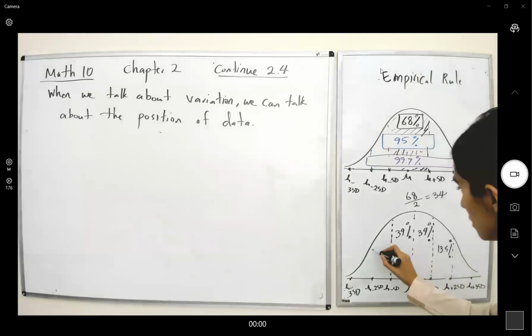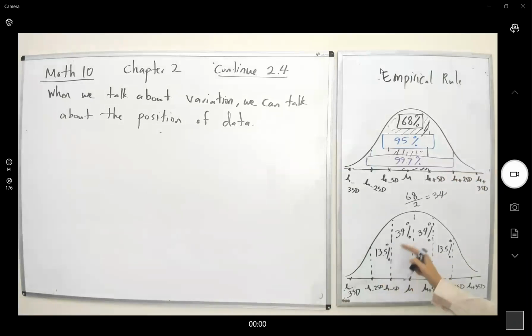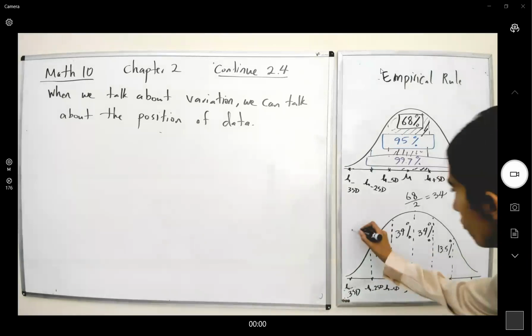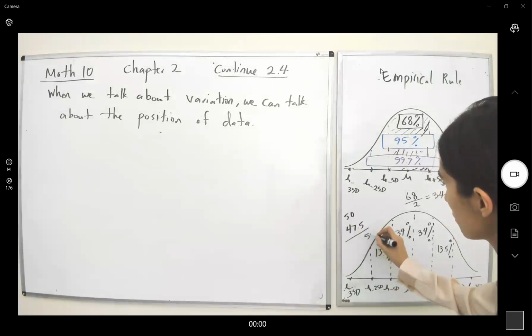13.5%, 13.5%, and if you add all of these portions together, it must add up to 50. So if you add these two, we get 47.5, and we have 50%.